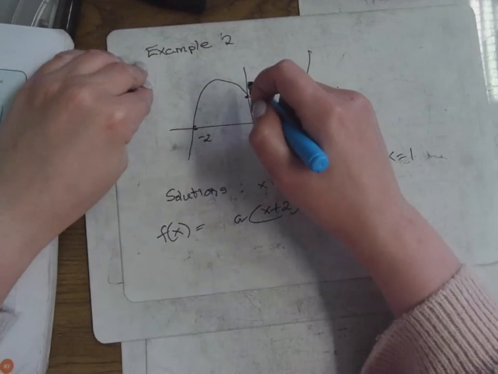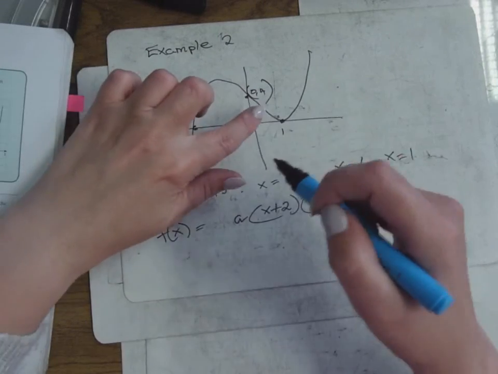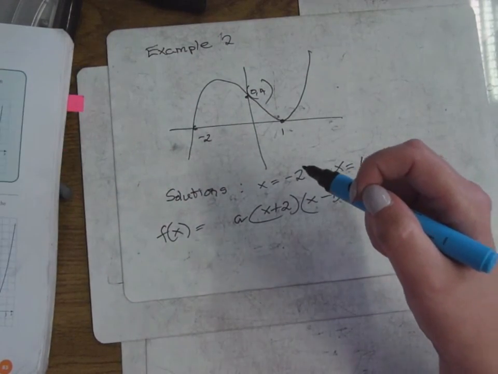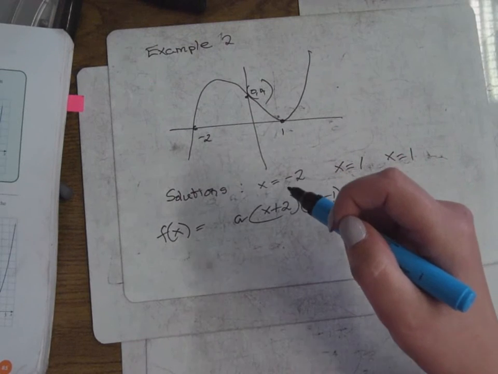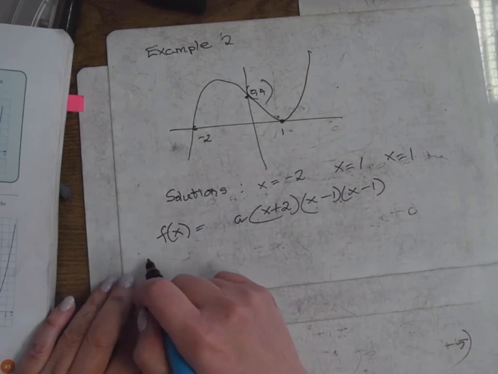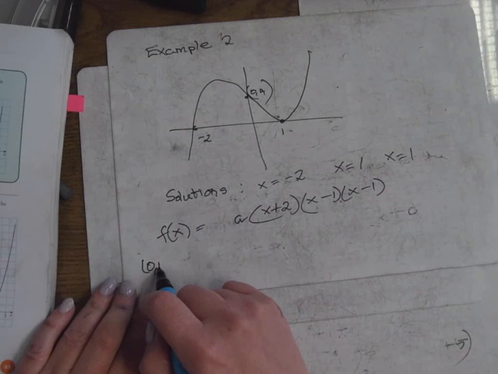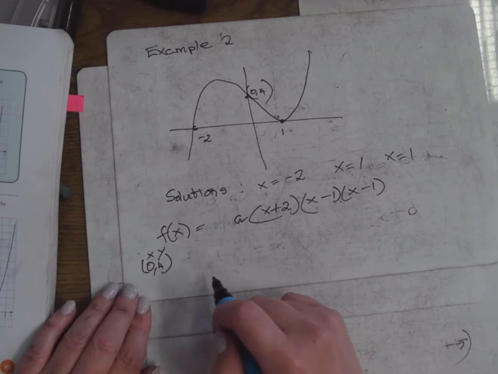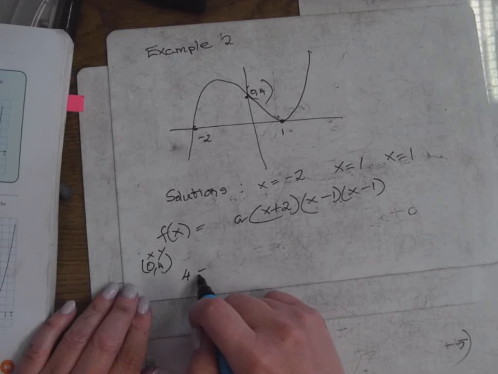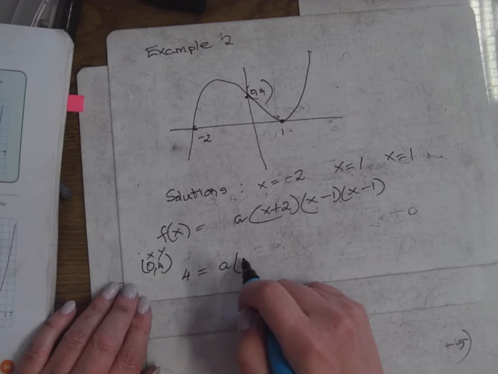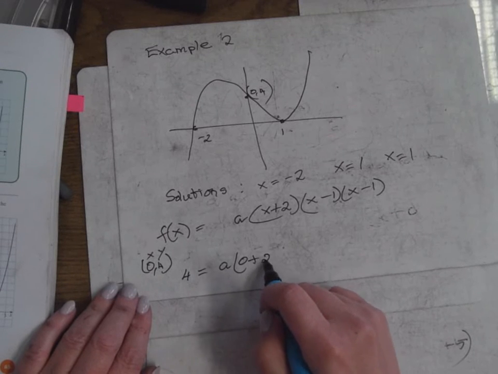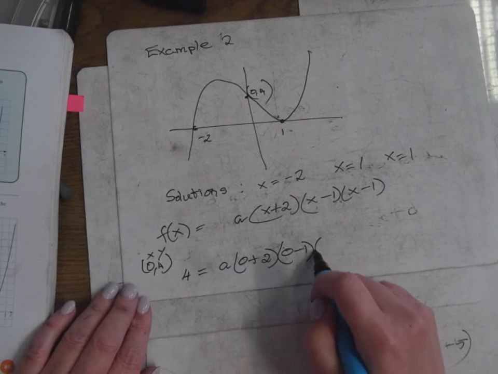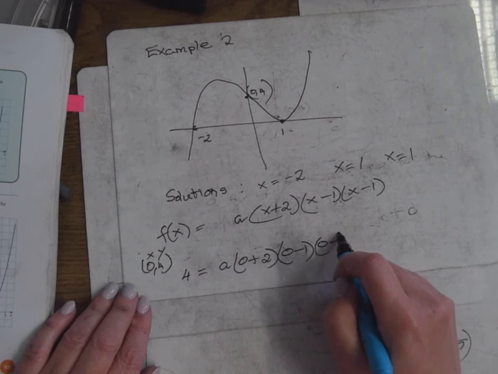That's what you need, your second piece of it, your point, right? And it doesn't have to be where it cuts the y-axis, it just happens the 2 examples that I picked too, right? So it's 0, 4, so that means everywhere I see an x, put in a 0, everywhere I see a y, put in a 4, right? So that means 4 is equal to a times 0 plus 2 times 0 minus 1 times 0 minus 1.